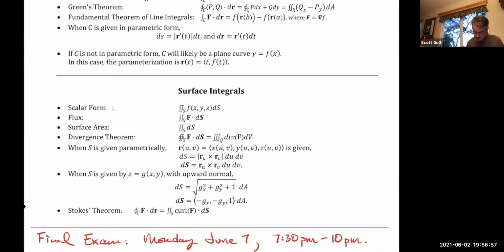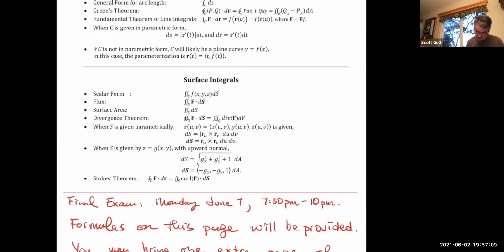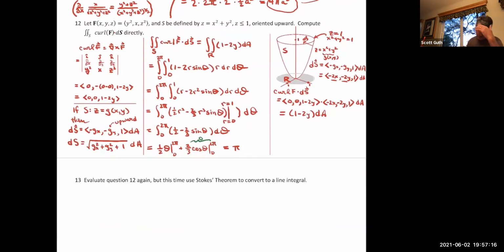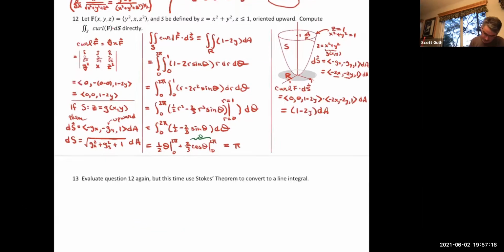So Stokes' theorem's super nice. We're going to convert that. Okay, any questions? Okay, so let's do it. Maybe just a reminder of the theorem.